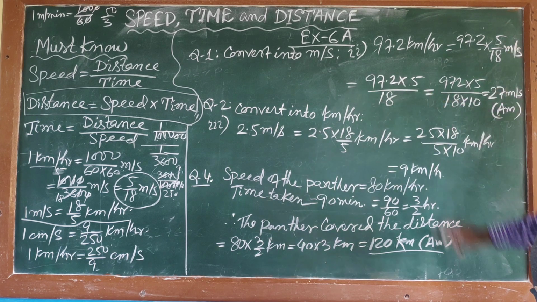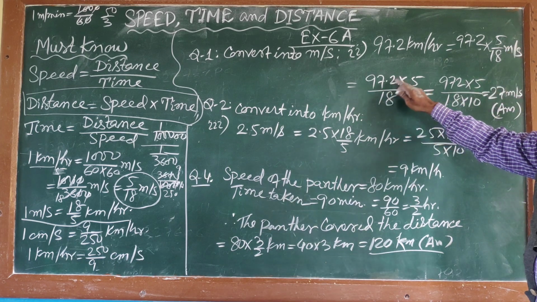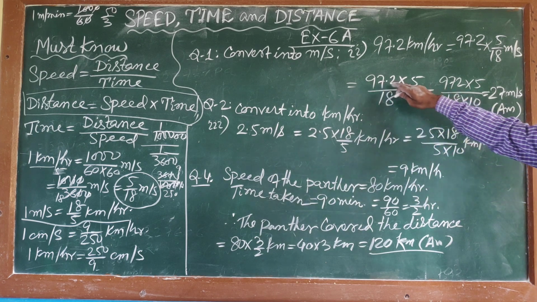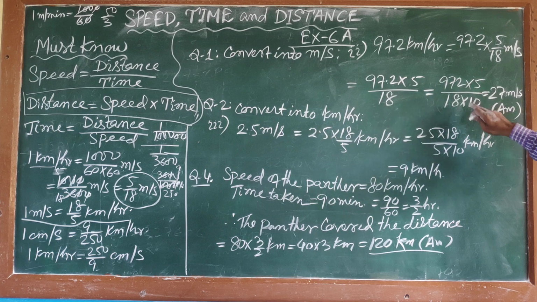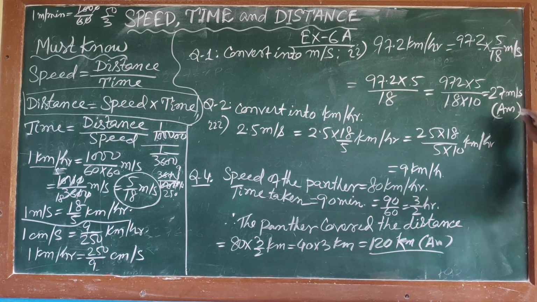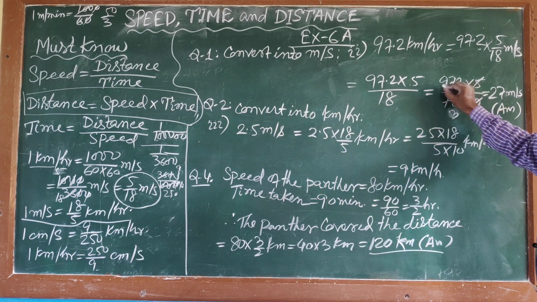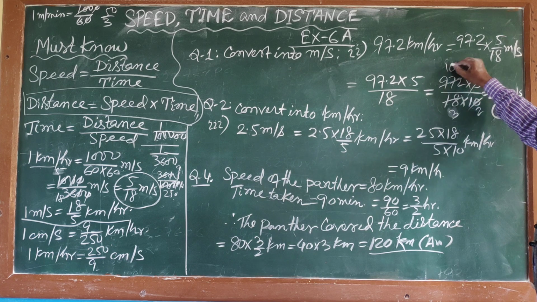If you solve this, 97.2 into 5 by 18. Now 972. This point will be omitted if you are multiplying the denominator with 10. So 972 into 5 by 18 into 10. Now if you simplify it, it becomes 27. How? I will tell you. See, 5 2s are 10 firstly, and then this will go in 9, 2 9s are 18, 9 3s are 27, and then this will become 9 1s are 9, 108.